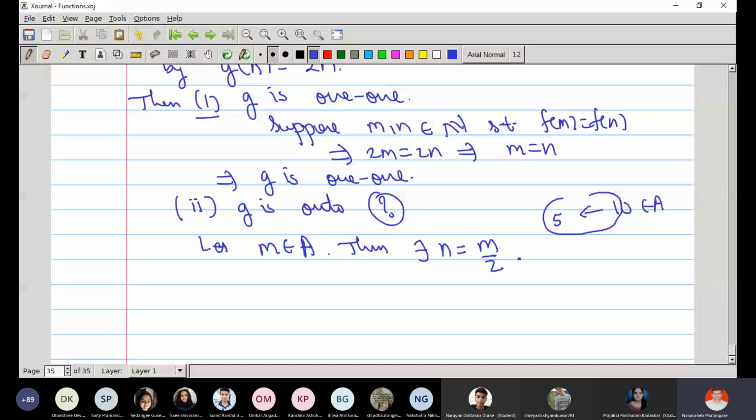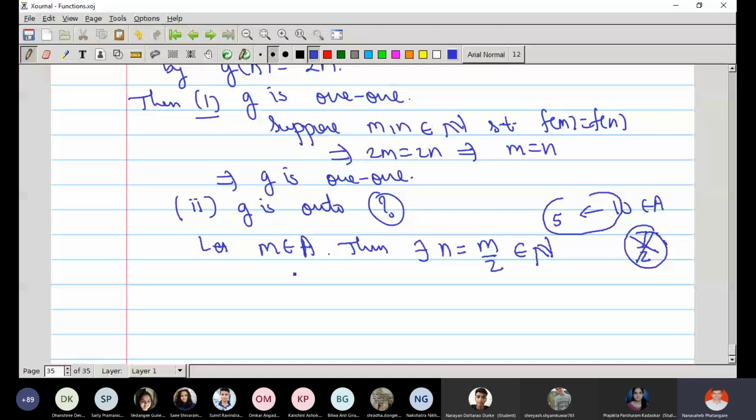And is it in the set of natural numbers? What is the guarantee that m by 2 is a natural number? For example, 7 by 2 is not a natural number, right? But what is the guarantee? Because our codomain is even numbers. If you are choosing an element from A and we know that all elements in A are even, so m is even, certainly it is divisible by 2 and so n is an integer, a natural number.